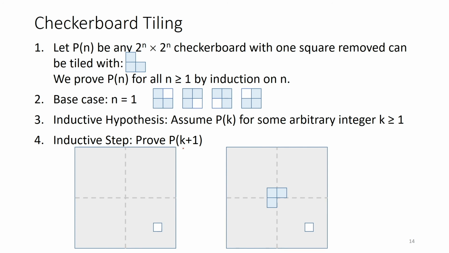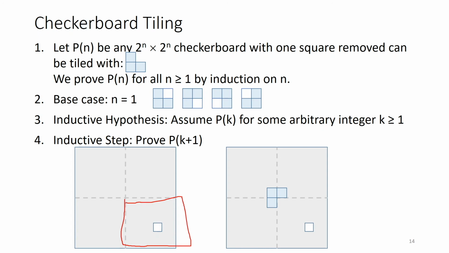So we have a claim here. We want to prove this. The base case is when n is equal to 1, there are 4 cases. They are all true. So when you have P of k is true, yep, this is true.